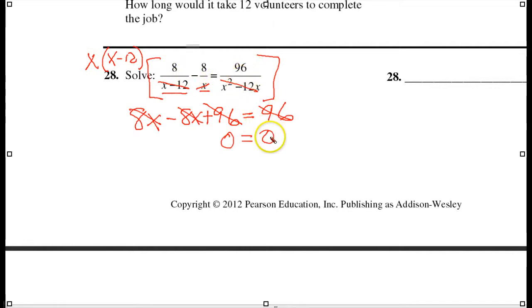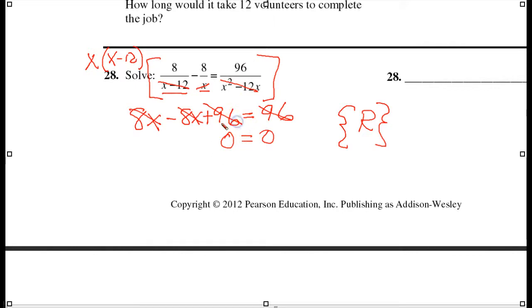And when that's the case, the solution set is all real numbers. Since this is an identity, the solution set is all real numbers. Any value we put for x, as long as it's the same, will be a solution to make this statement true. Why? Because this side is the exact same as this side.